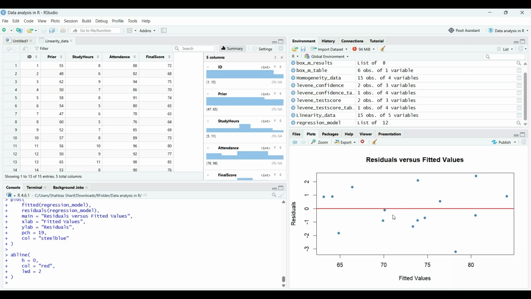So our values are between -3 and +3. You can see here only one point is below -3. However, it is considered within the -3 value. So you can also see all above points are under 3. So it means we are not violating the rule of residual values.